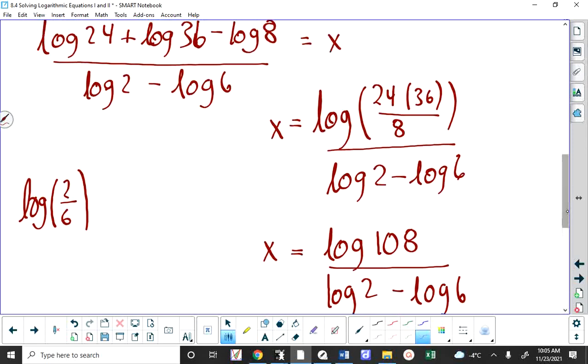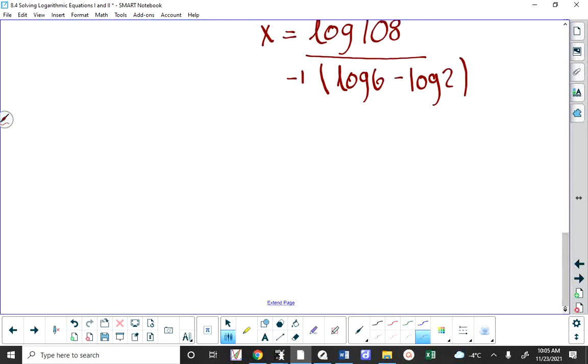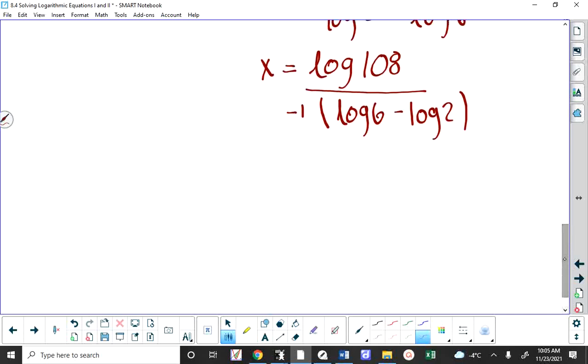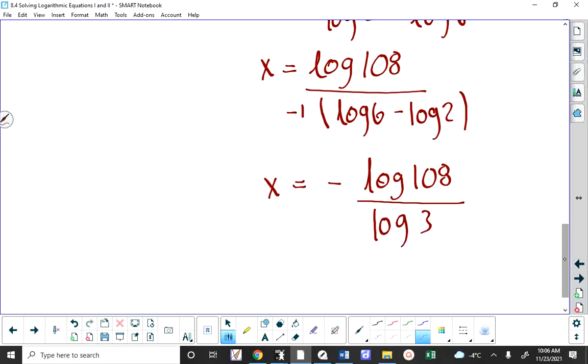Which means, if you really wanted to be economical in what you write, we could have the following: negative log 108 over log 3. Oh, hey. So are we good to there? Does 108 divide by 3? 36, right?